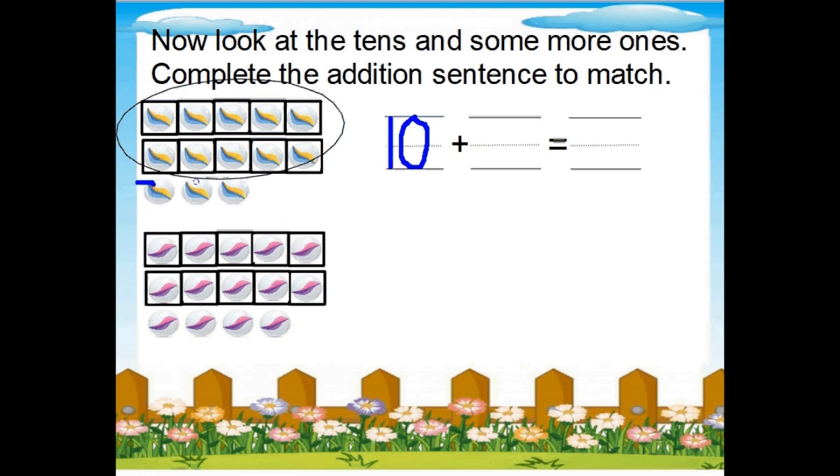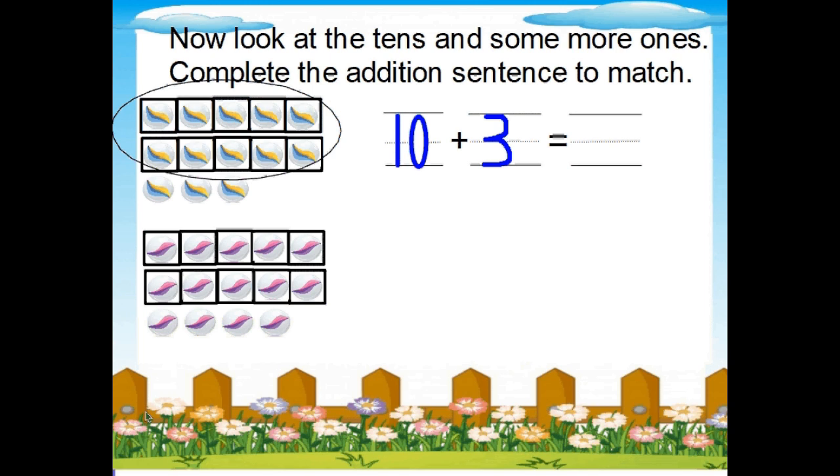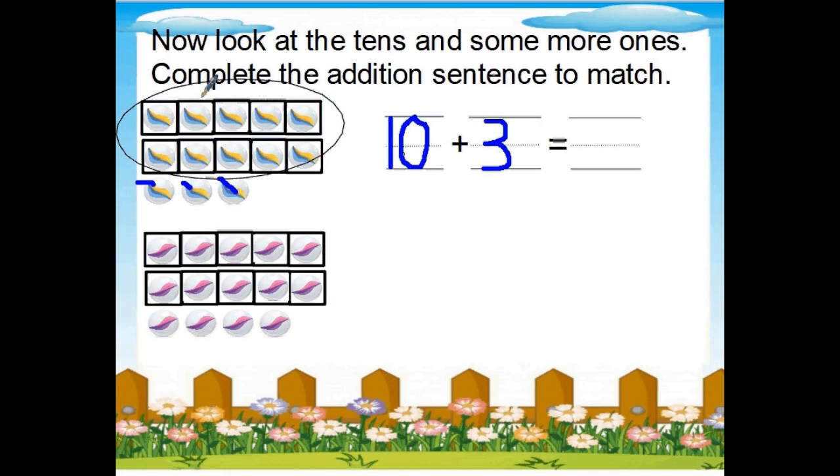Let's count them. 1, 2, 3. There are 3 more counters. How many are 10 ones and 3 ones? So 10 plus 3 equals 13.